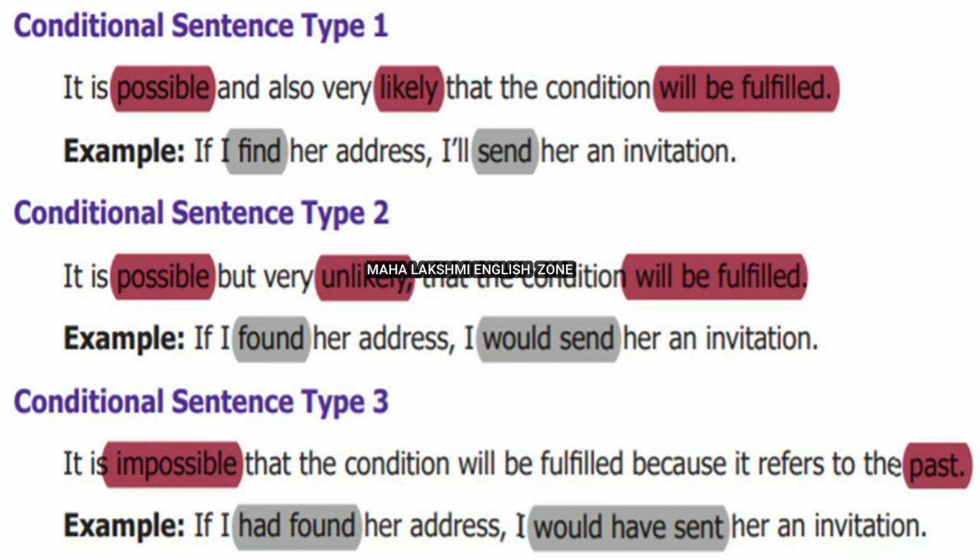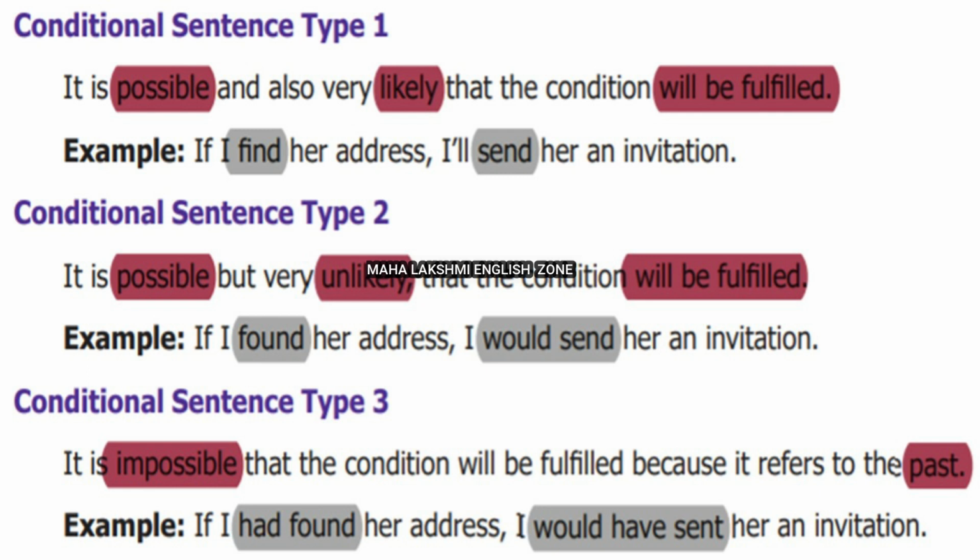Type 2 will be possible, unlikely to be fulfilled. And in type 3, the statements will be impossible and that ended in the past. So if I had found her address, I would have sent her the invitation. So she didn't get that address, she didn't send that invitation at all.